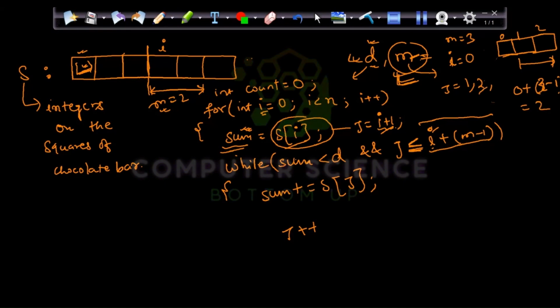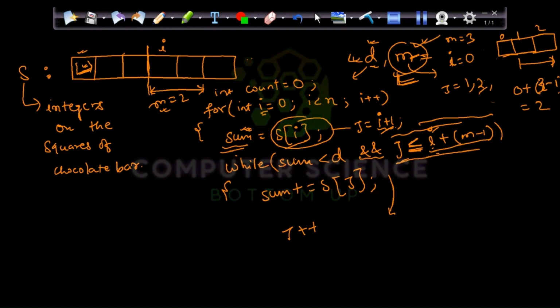So j is 2 and the condition is true, so it will go inside again. But next time j becomes 3 and the condition will be false. That's why I have added this condition, to incorporate the constraint that the number of consecutive boxes does not exceed m.